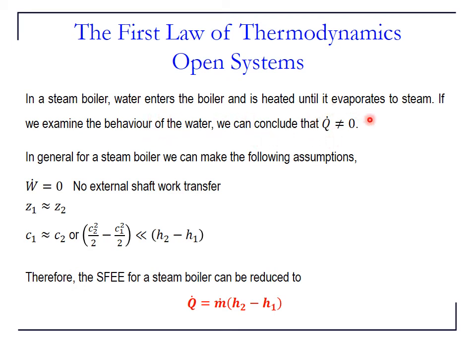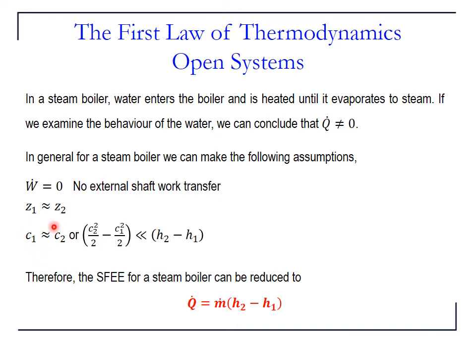The heat transfer is definitely not zero. We can also make the following assumptions: because the boiler is not designed to output work, the work transfer can be ignored, and the change in potential energy can also be ignored.